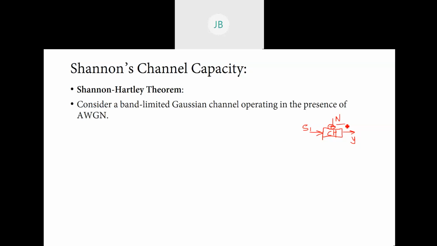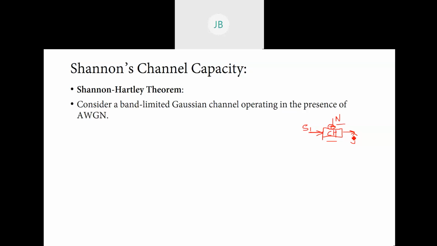So that is called additive white Gaussian noise. So we have the input symbol. When it propagates through the channel here, noise will be added, and that noise will influence the input, that is what we are going to transmit. As a result, at the output, we may get the same information that we transmitted, or we may get something else.